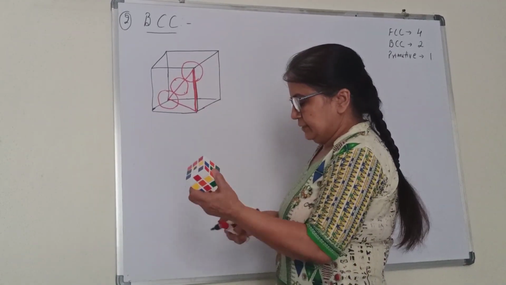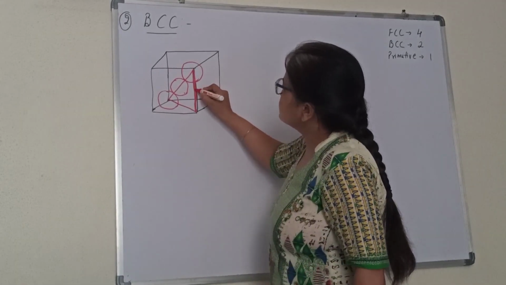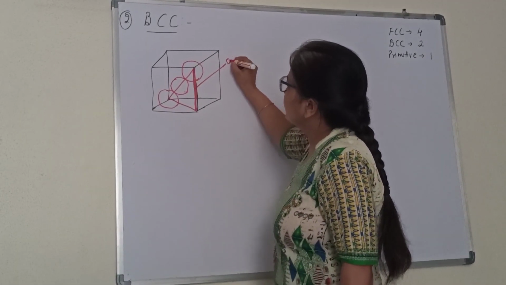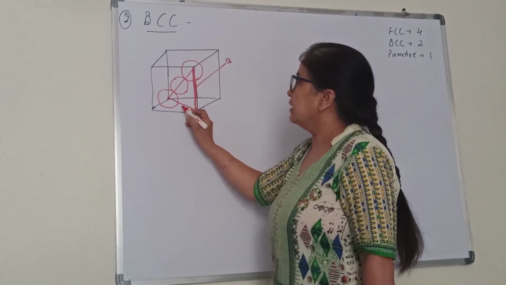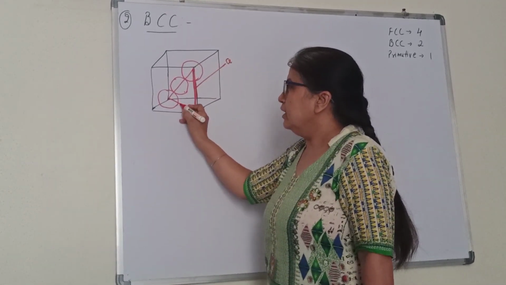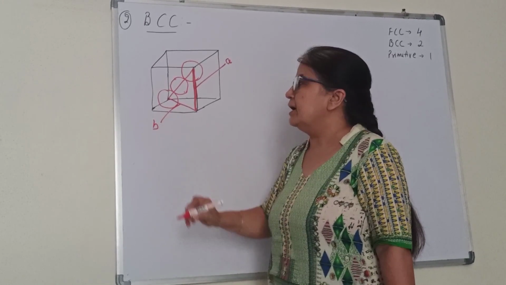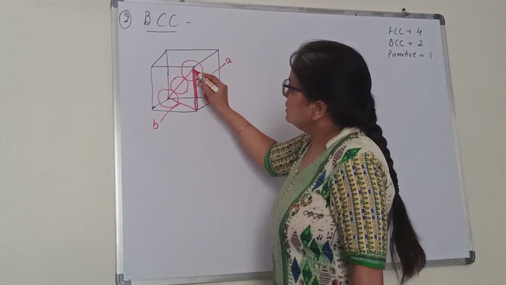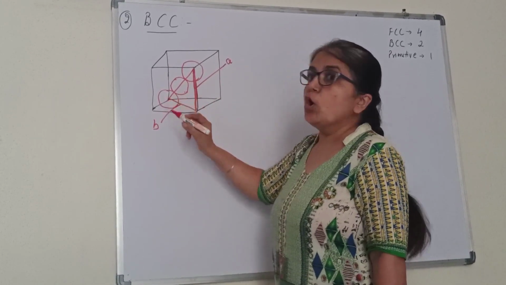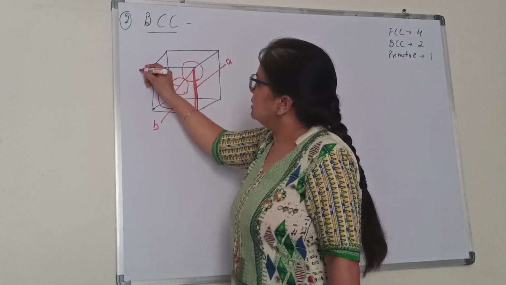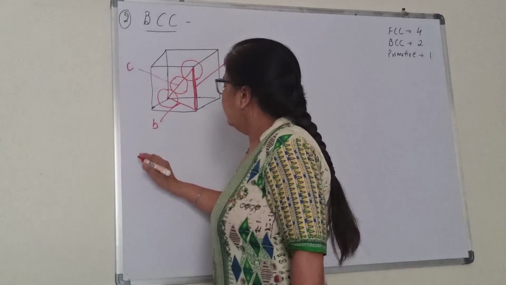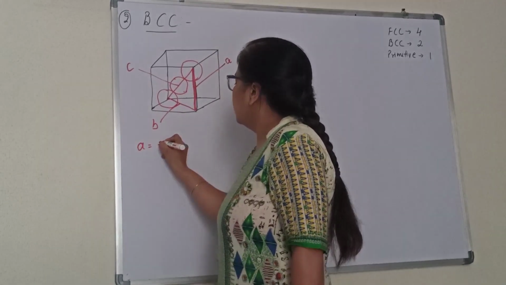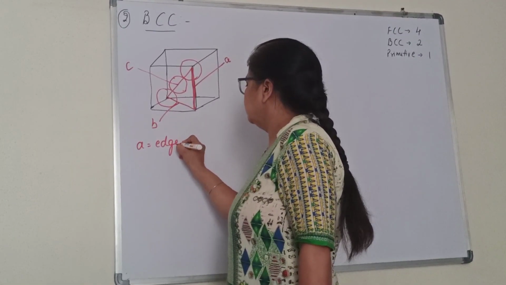Now what is this here? This is nothing but A. This is edge length. This is face diagonal. I told you here before, the face diagonal we are taking as B. This is body diagonal. C is body diagonal. So we will write here, A is edge length.